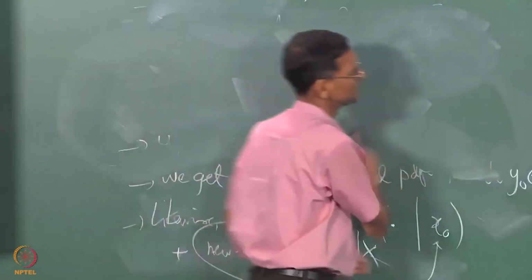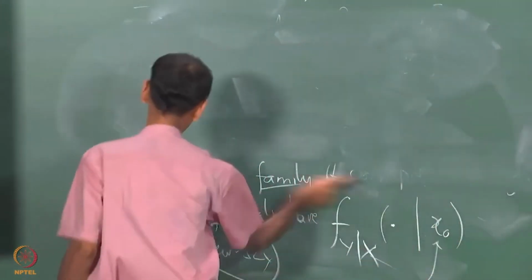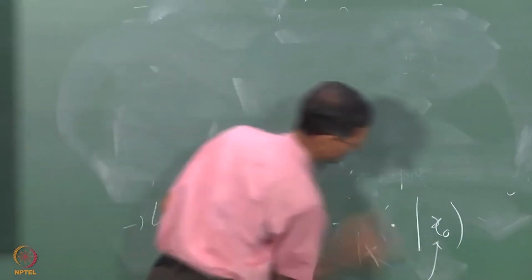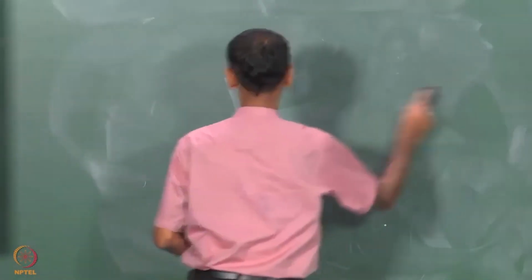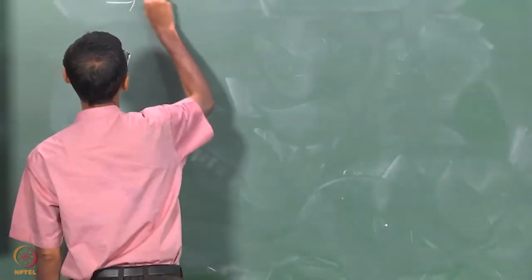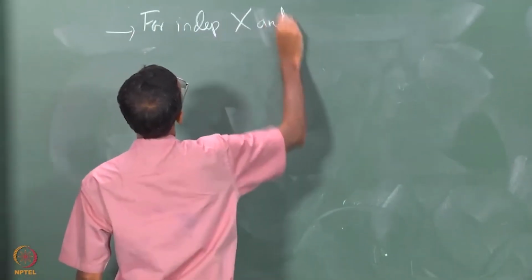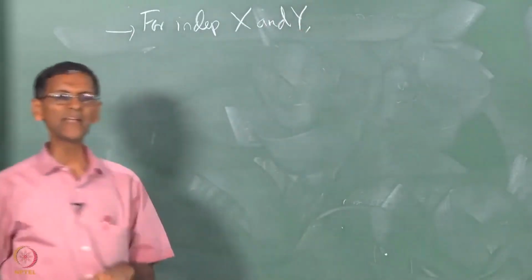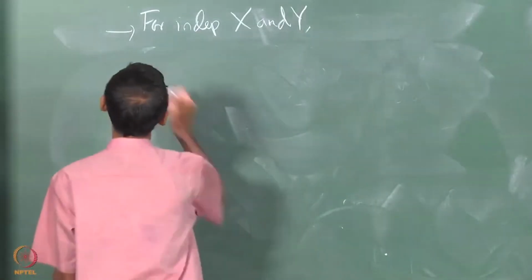What about the important case of x and y being independent random variables? What happens then? So, for independent x and y, observing makes no change at all. That should be obvious, right?